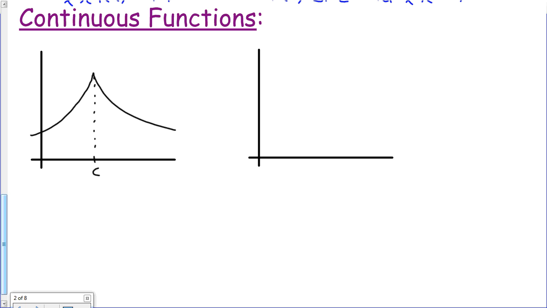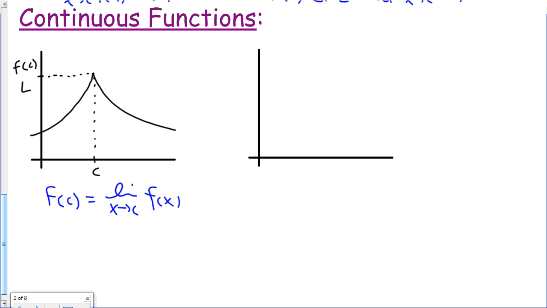Now, as I approach c here, I can see that the function value is actually approaching this value right here. That's f of c. I can also see that the limit of this function as I approach c is approaching that same value there. So that's also L. Those are the same in this case. So in this case, when I consider the limit and the function value, it looks like f of c is equal to the limit as x goes to c of f of x.